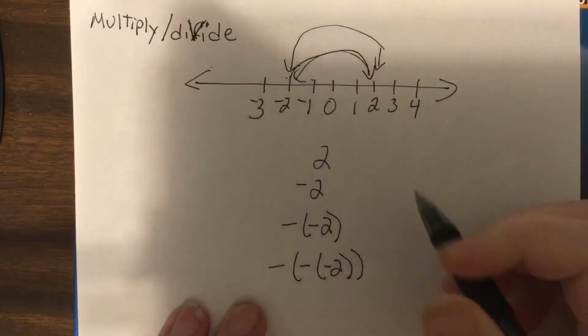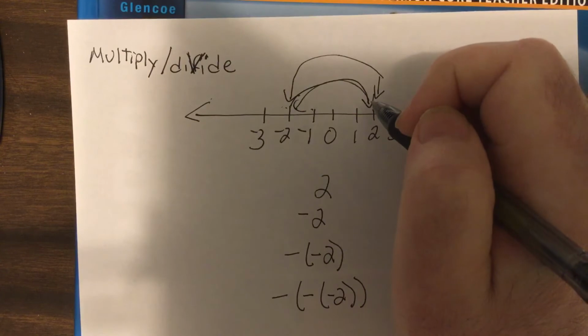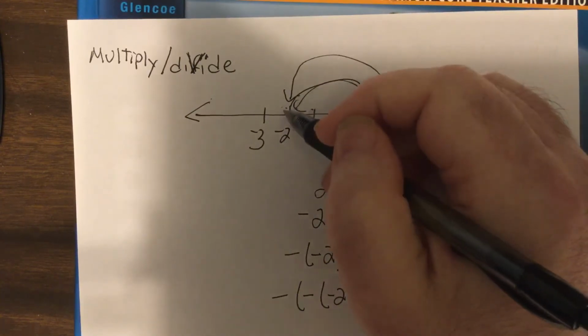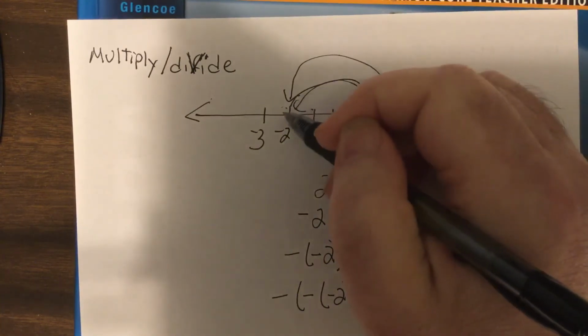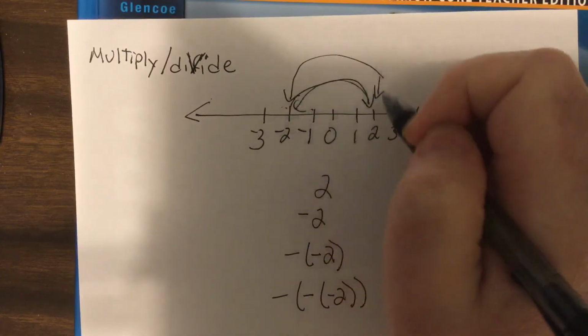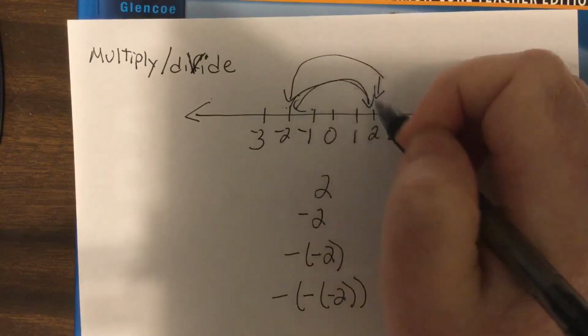So what happens is every time you have an odd number of negative signs, you land up on the negative side of 0. 1, 2, 3, 4. When you have even, you go there and come back. 1, 2, 3, 4.